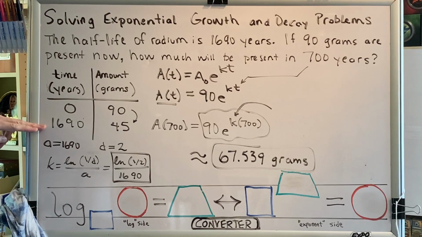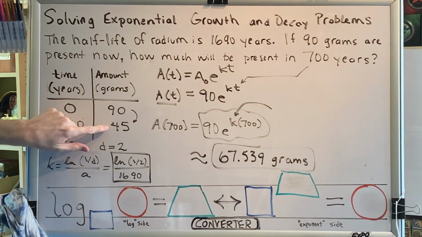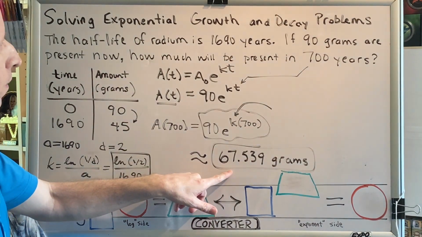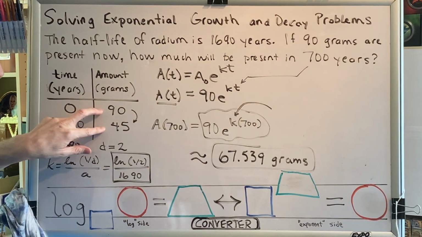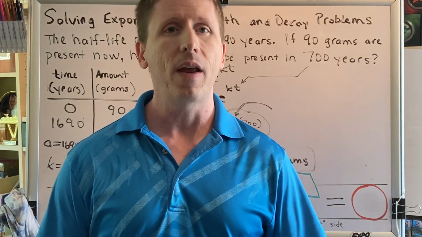So what that means is that the answer that we should get, since 700 is between here and here, the amount we get should be between here and here, between 45 and 90. And indeed, the answer we get, 67.539 approximately, is between 45 and 90, which gives me confidence that we have the correct answer. We've now completed this problem.